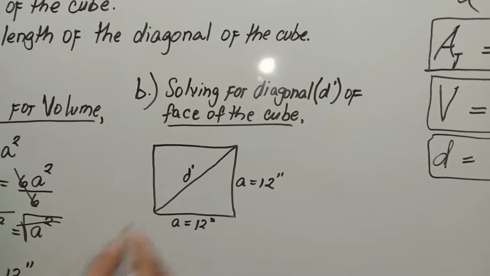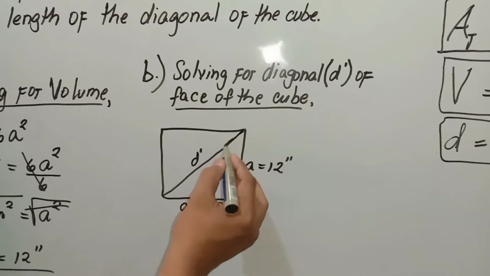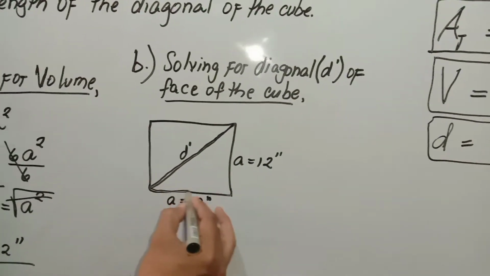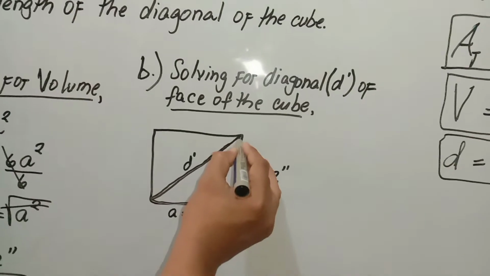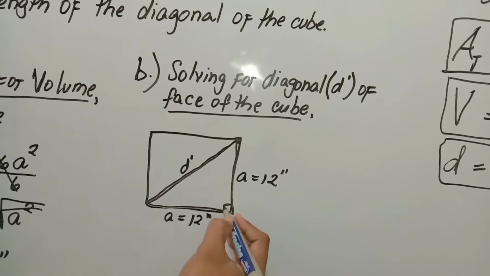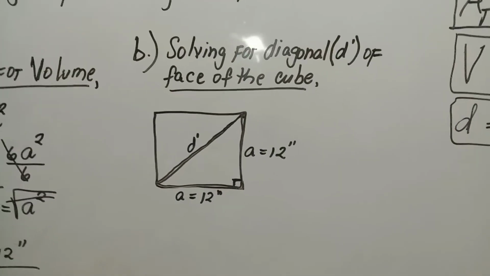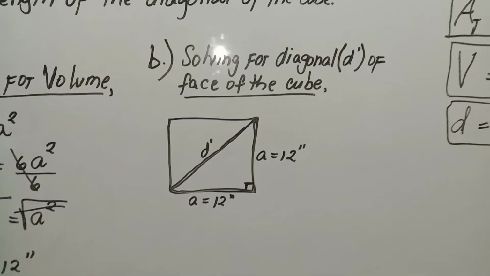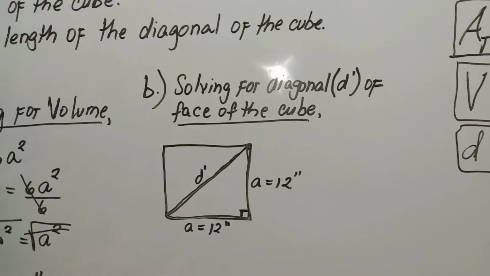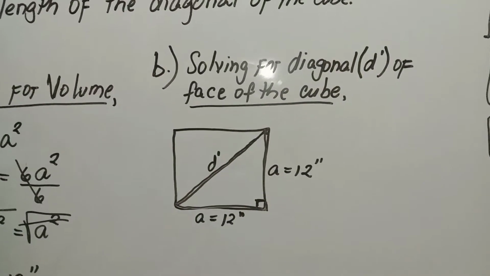Take note guys, as you can see, this will form a right triangle, since it is 90 degrees here. As we studied earlier, we can apply the principle of the Pythagorean Theorem related to this right triangle.